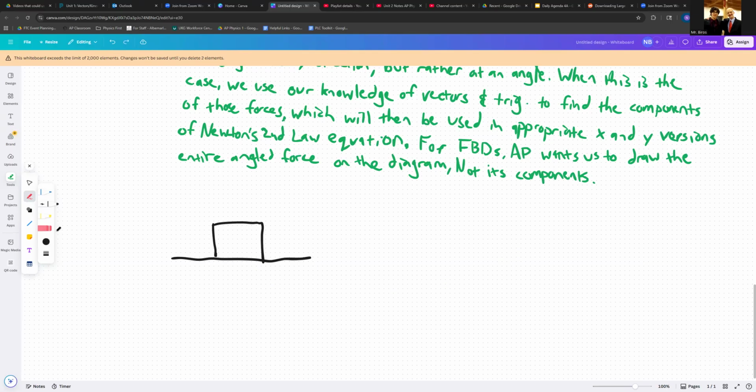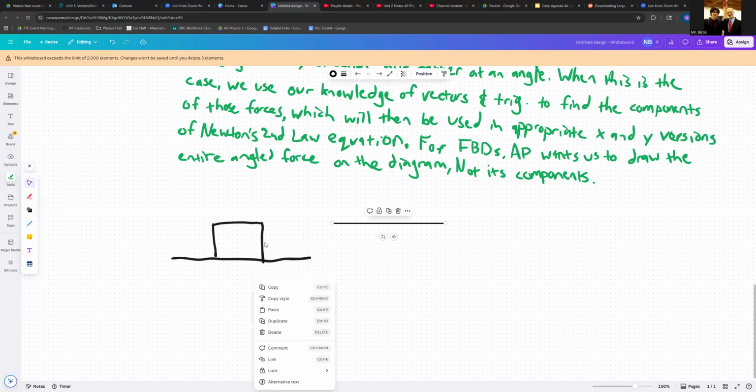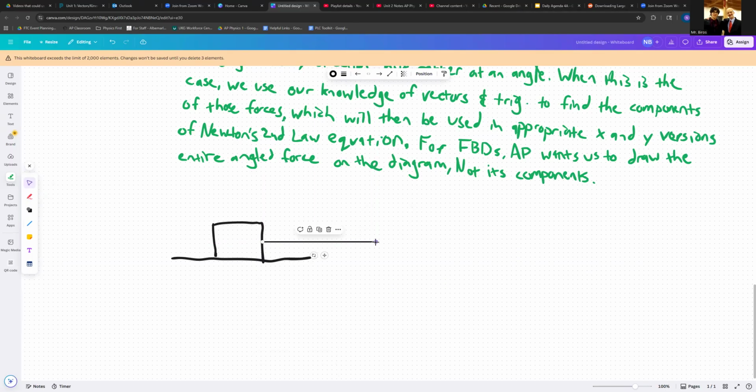Actually, let me get my perfectly straight lines out and put those in here. Drag it over here. Something like that. See if I can get the right angle. Let's go for like a 35-degree angle, something in that ballpark. Hopefully that's good.